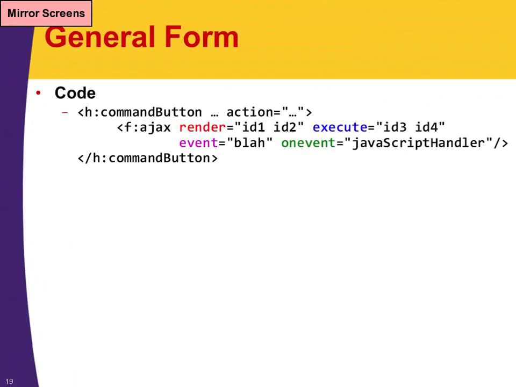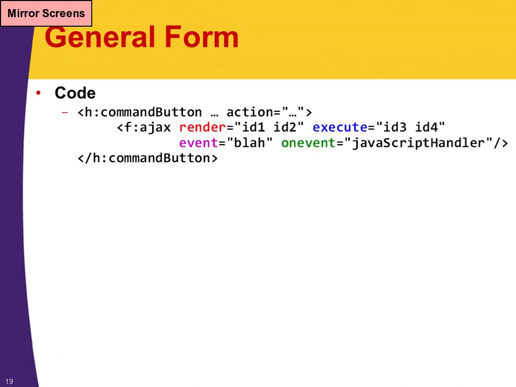The more generic form has more relevant attributes. Of course, there's the render and the execute. Remember how this corresponds to the execute phases and the render phase of the six-step life cycle of JSF handling.